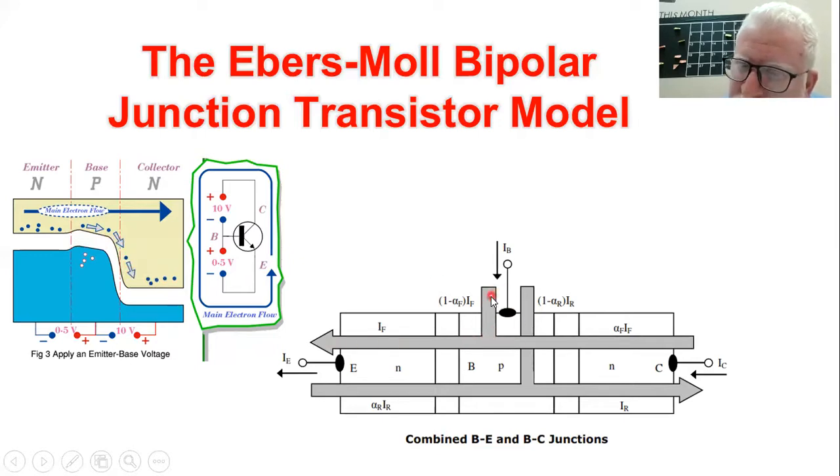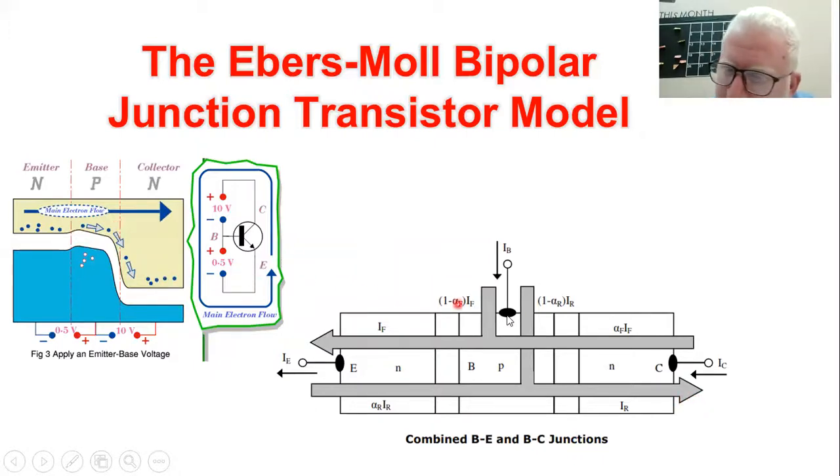So this current is conducted from the base and going to the collector. I mean this current, not that one. So this is another sort of current. Okay, so this is perfect.